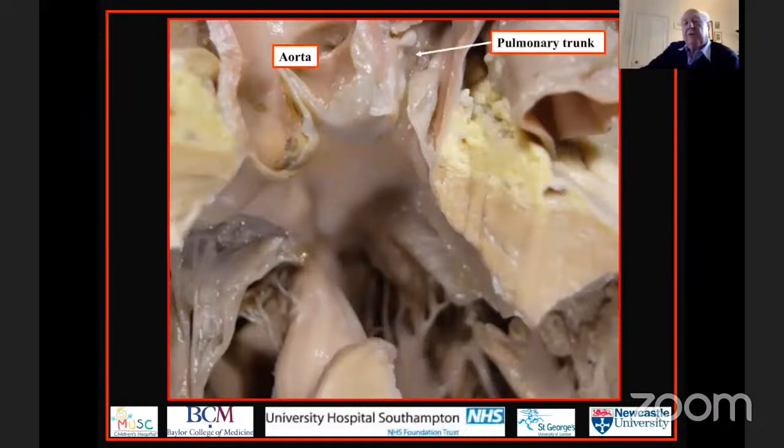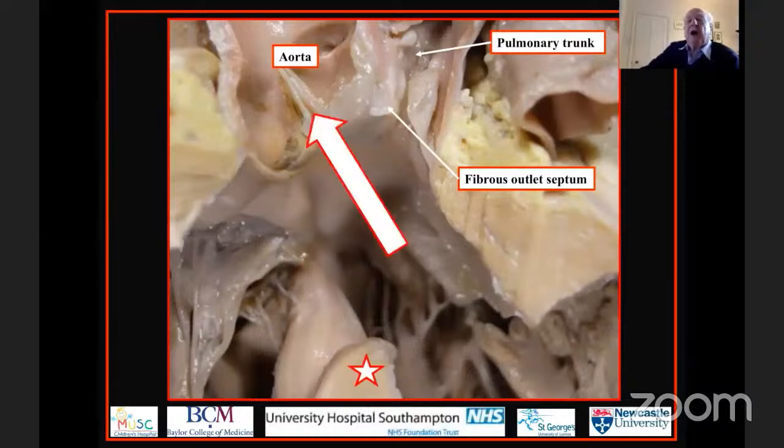So there you see the aorta, there you see the pulmonary trunk, and you see that the outlet septum is fibrous, grossly hypoplastic. There is the crest of the muscular interventricular septum, and both arterial roots are riding the crest of the septum. So now with this juxta-arterial defect, it is doubly committed.